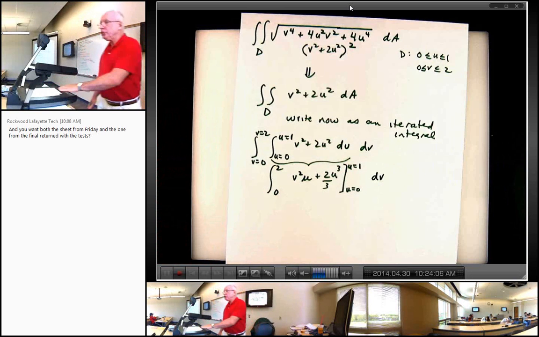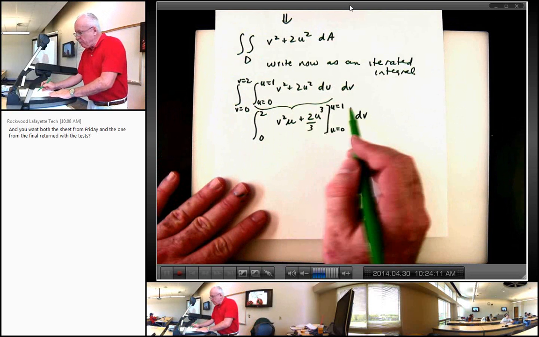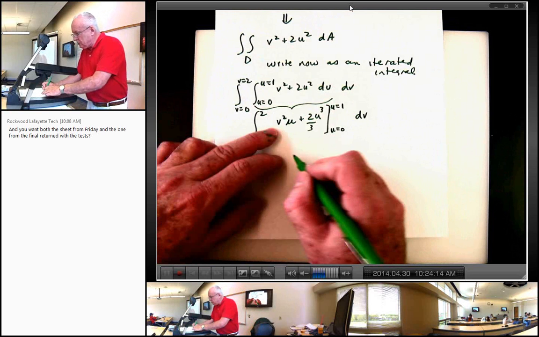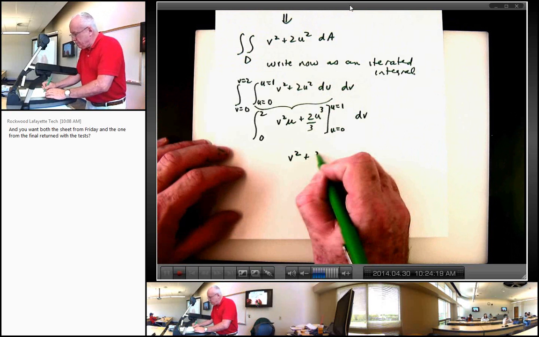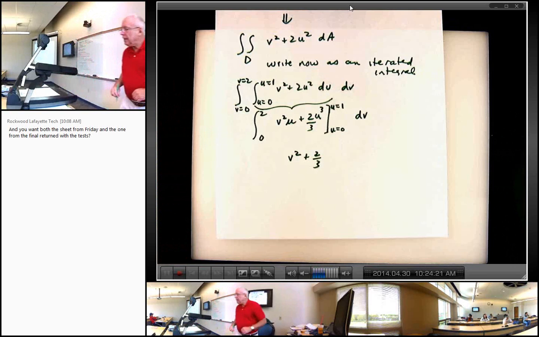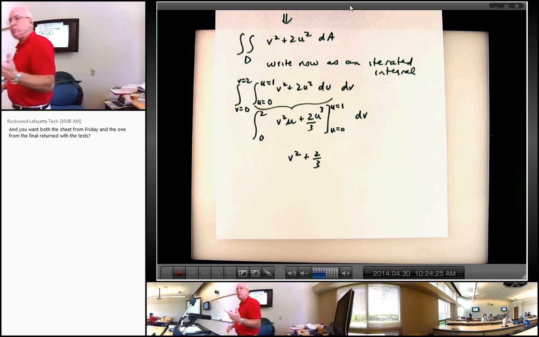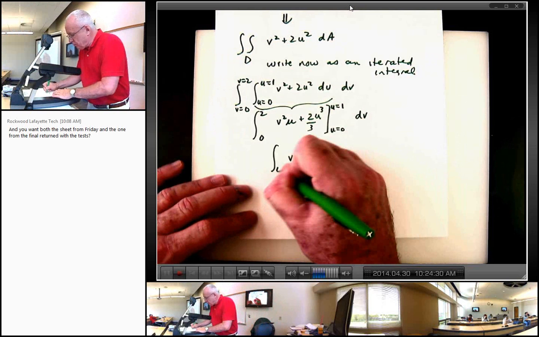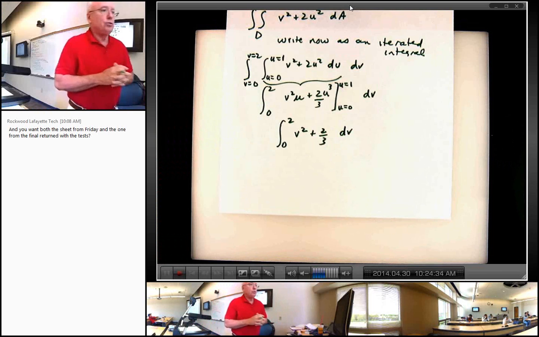Okay. This should all be familiar territory. So let's see, at the top, u is equal to 1. So that's going to be v squared plus 2/3, right? And at the bottom, when u is equal to 0, both of the terms are 0. So that's nice. So now we have the single integral of v squared plus 2/3.